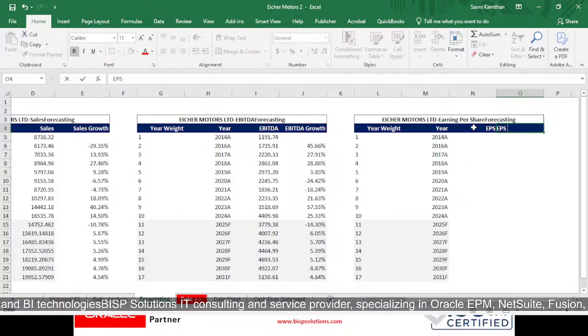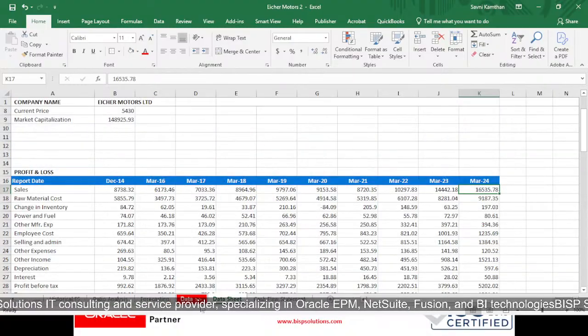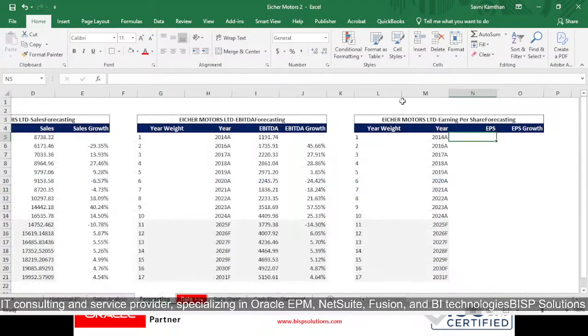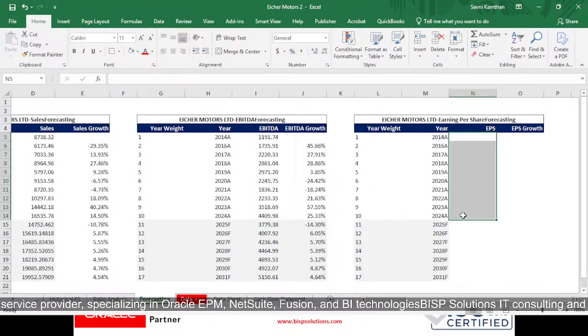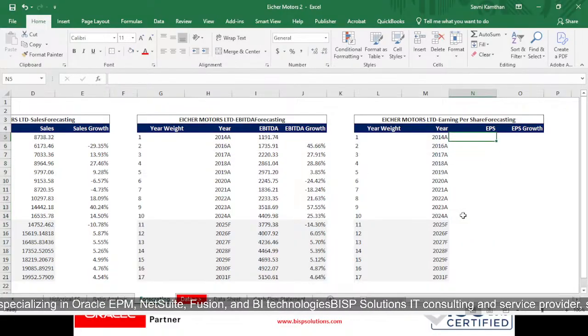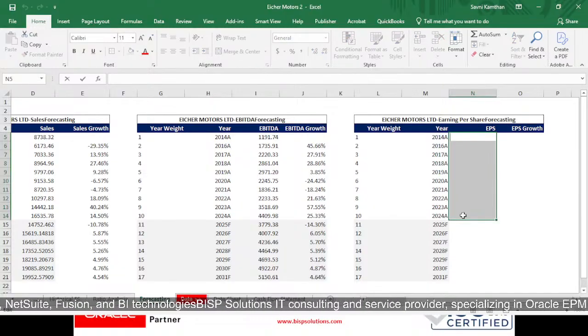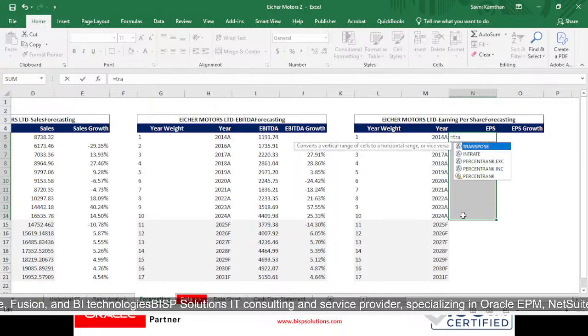Then EPS growth we want to calculate. Now earning per share, so we will be taking that EPS from our historical, so again equals to, again we will be selecting till 2024, then we will be pressing F2 for enabling our transpose.